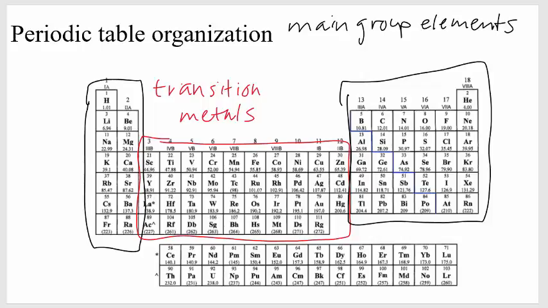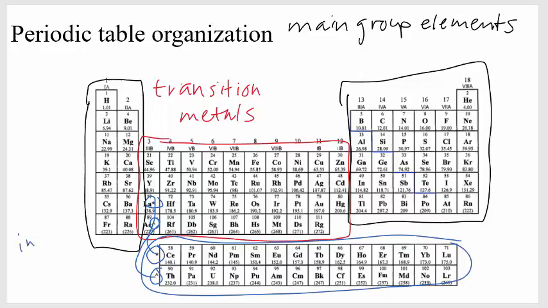Then we have these two rows down below. You can see by the symbols that they come from these other rows up top, but these extra elements are put down below to make the periodic table look nice on a page. And so this whole area here is called the inner transition metals. So I'll be using these terms in the video today.